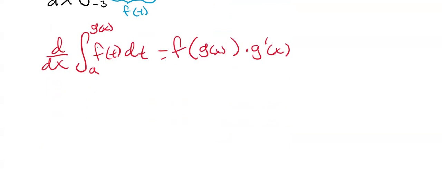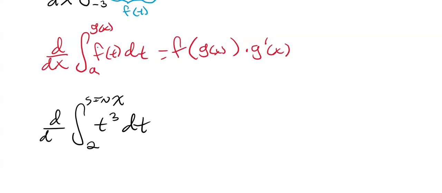Let's say we have an integral from 2 to sine of x of t cubed dt. And we take the derivative of this with respect to x. Here's our function again.